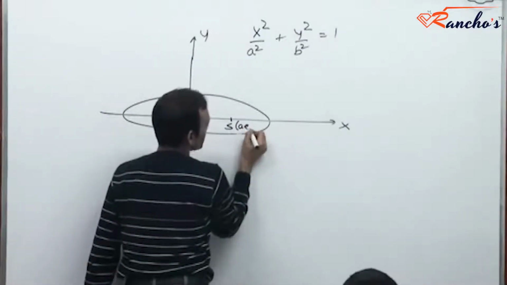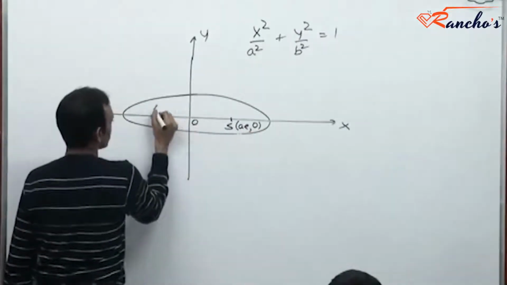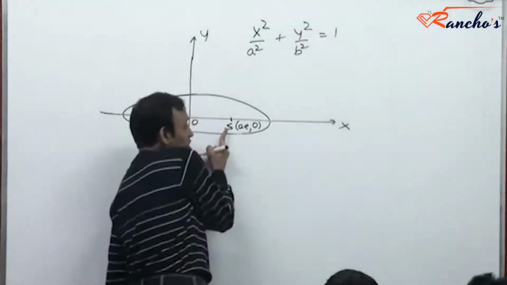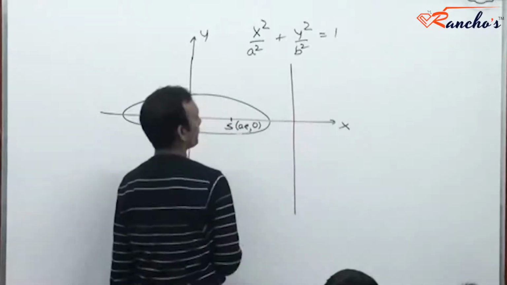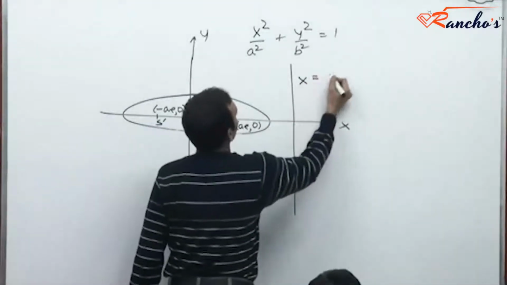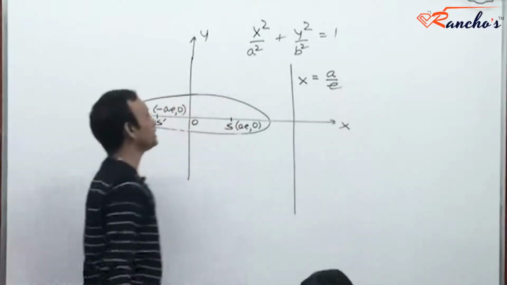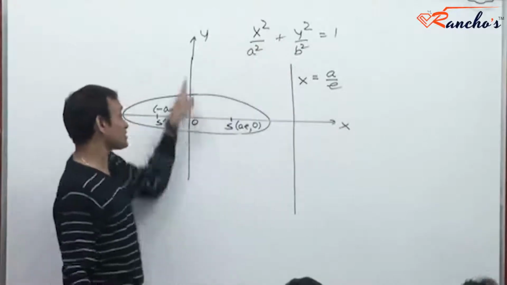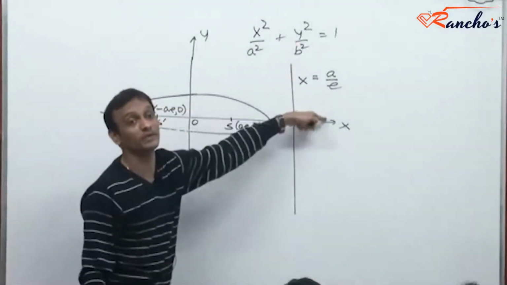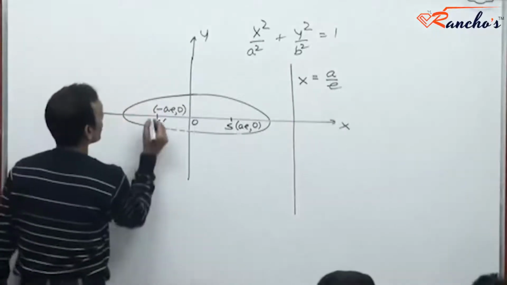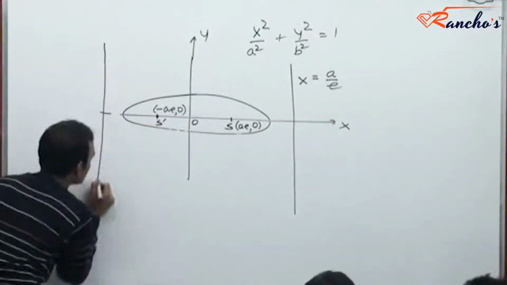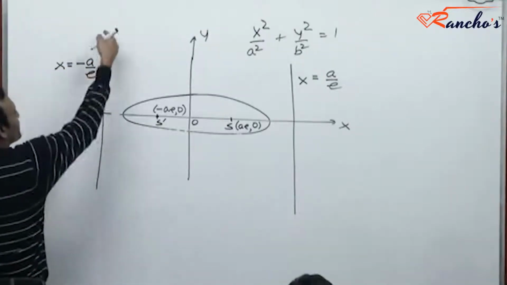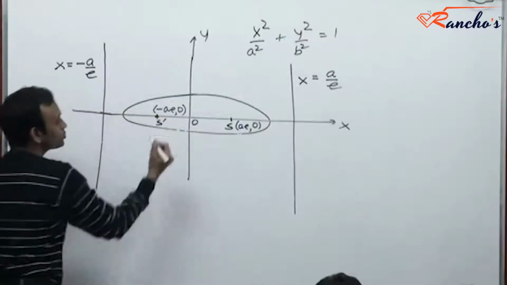This focus has coordinates (AE, 0), this is origin, this is (minus AE, 0). Corresponding to this focus, there is a directrix L, and this directrix has an equation x equal to a by e. It will be parallel to the minor axis. This is the minor axis. X equal to a by e would be the equation of the directrix. For the other focus, the directrix equation is going to be x equal to minus a by e.